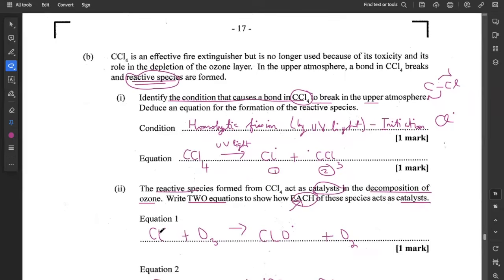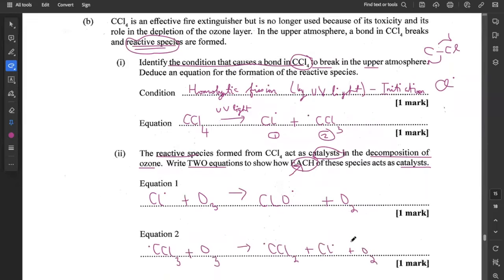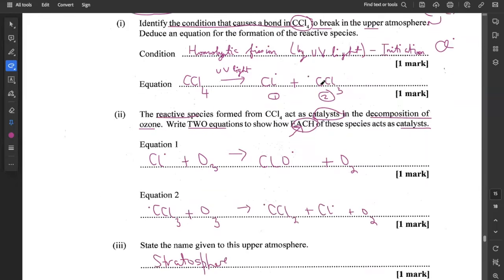So let's show how the first radical, which is just a chlorine radical, is going to break down ozone. It's going to react with ozone to form ClO radical and oxygen. So the ozone gets broken down into oxygen, just the diatomic oxygen here. And then this is our other radical, which is a CCl3 radical.